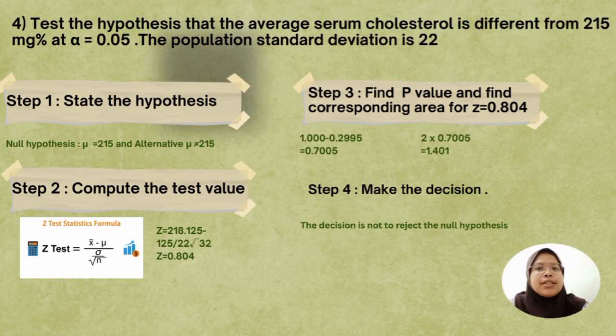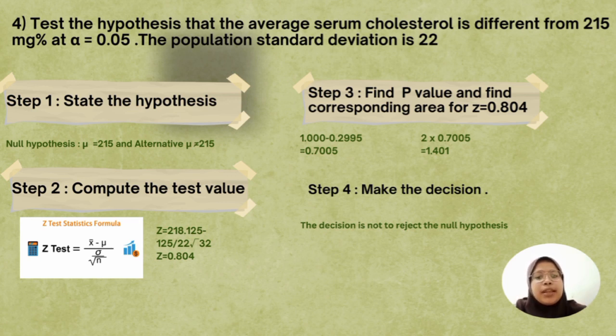The null hypothesis is mean equal to 215 and the alternative hypothesis is mean not equal to 215. So step 2 is to compute the test value by the z-test statistic formula. So we can get the z value is 0.804.